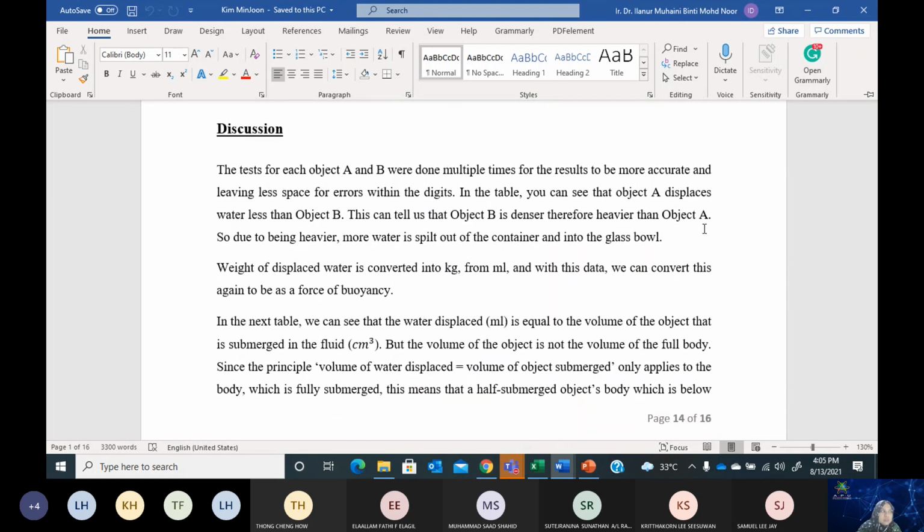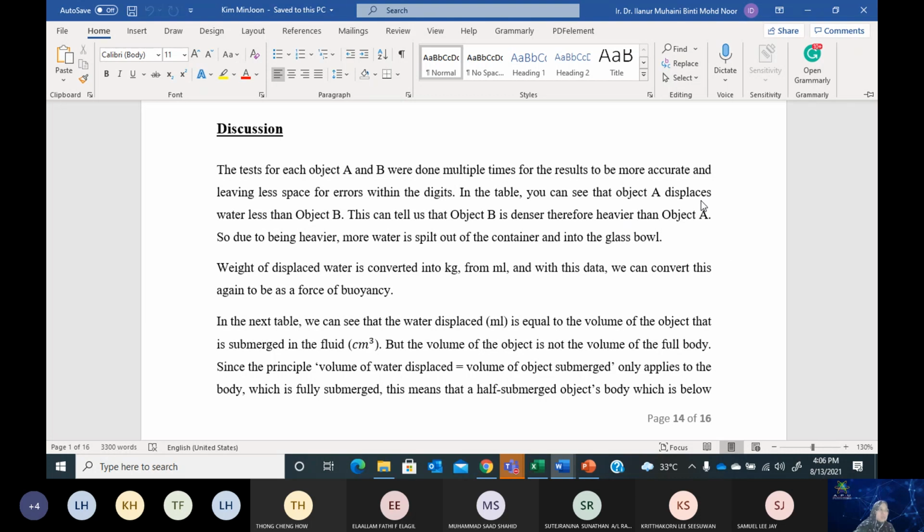So, discussion. The test for object A and B were done multiple times for the result to be more accurate. After that, in the table, you also cannot use "you" in report. You can use the wordings like this: Table 1 indicates that, no need to use you and I. In report cannot use.